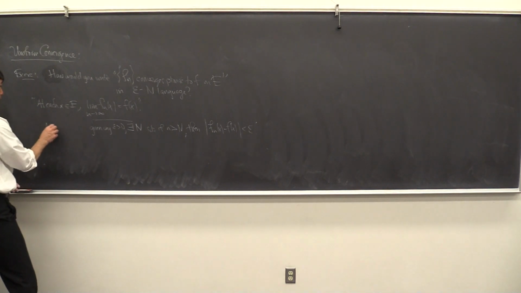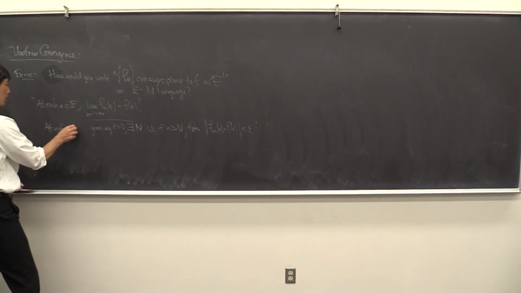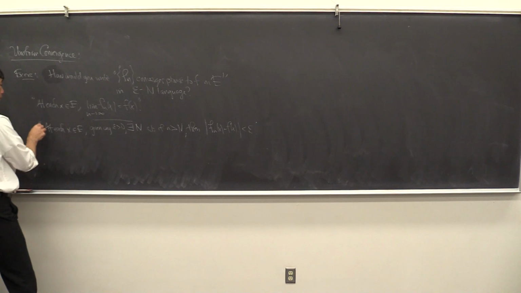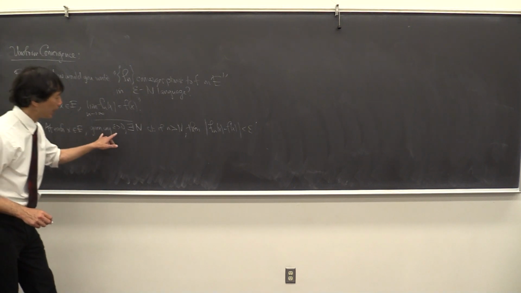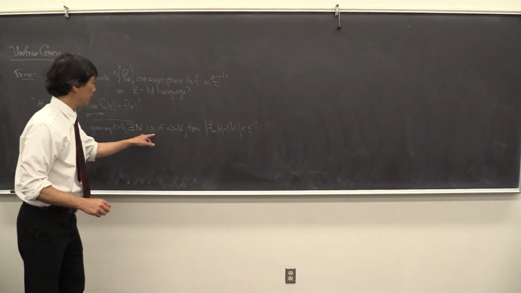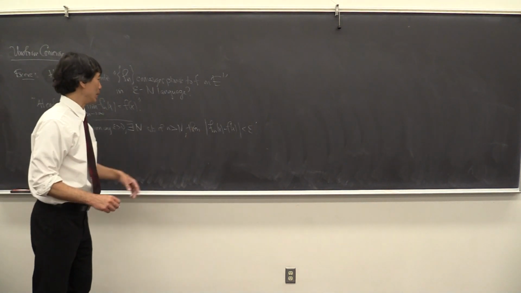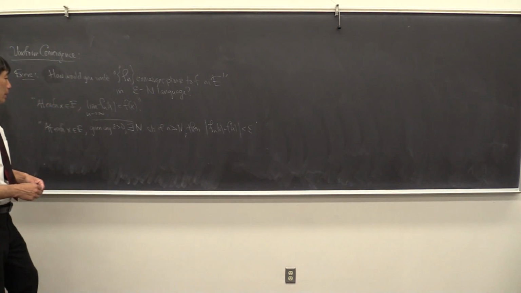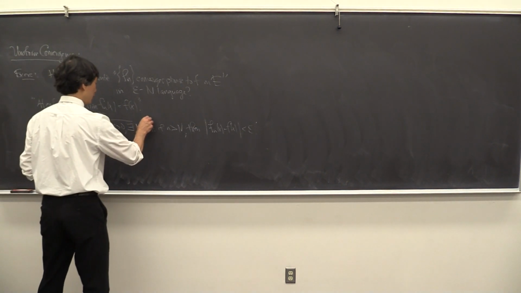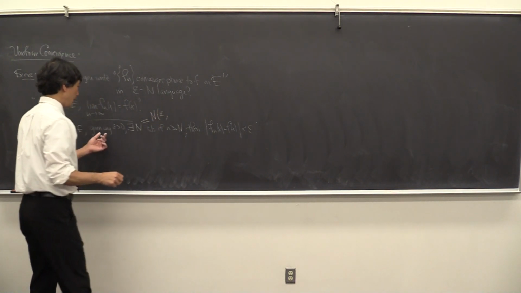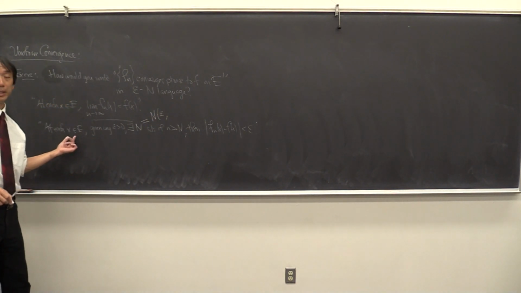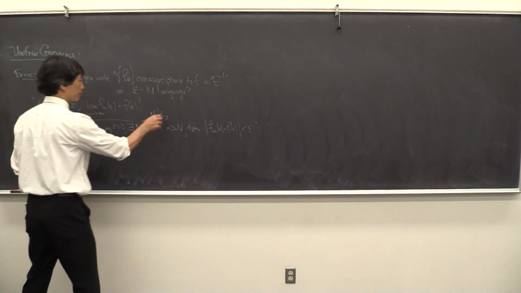At each x and epsilon, for each point in the set, given any epsilon, there exists an N such that blah, blah, blah. And notice that this N, just to make it explicit, depends on the epsilon, but it also depends on the x.